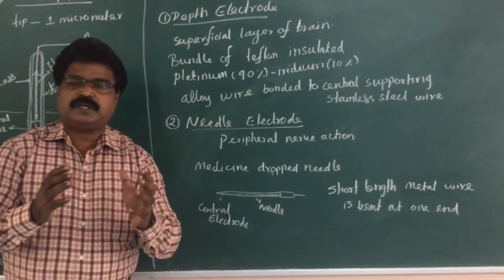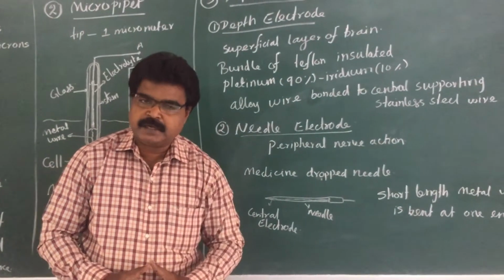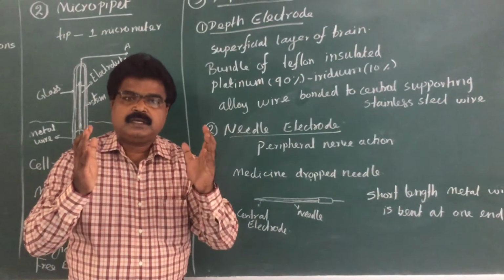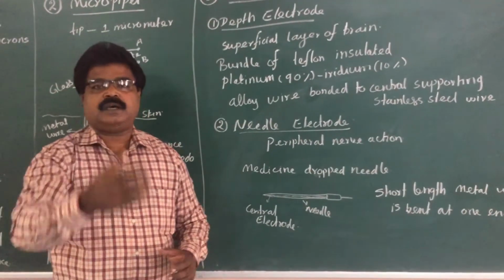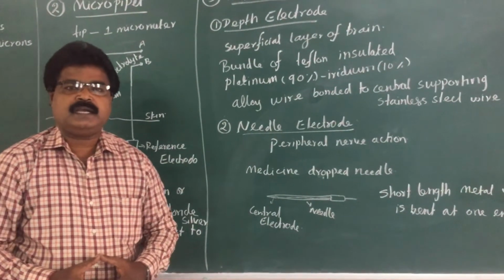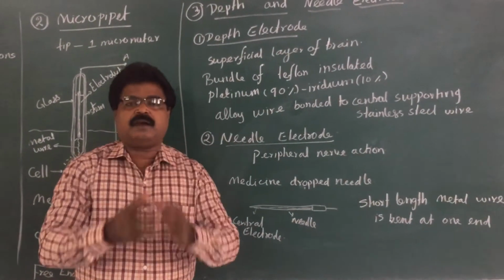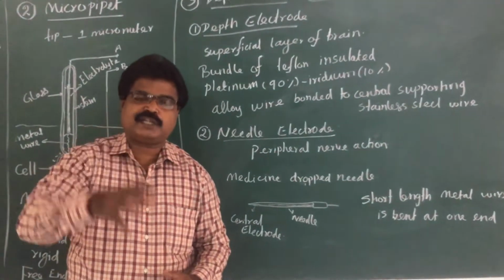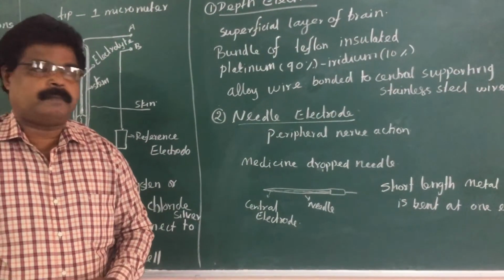So one end of the Teflon-insulated platinum 90%, iridium 10% bundle will be fused to form a fine tip to insert into the brain, and the other end will be supported to the stainless steel wire. Here each wire of this bundle will act as an electrode used to pick up the signal from the superficial layer of the brain.